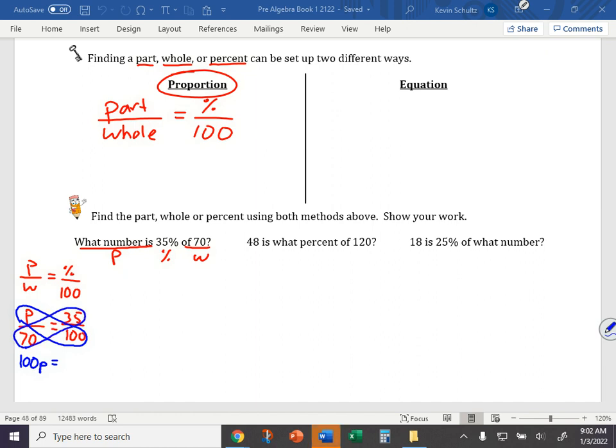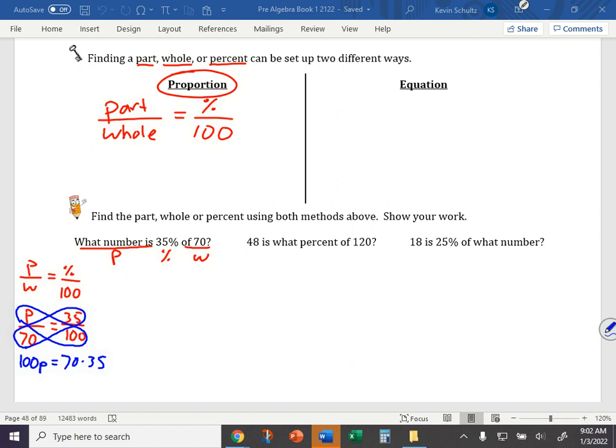If you haven't done cross products before, and this is your first experience, welcome. They're great. It's awesome. You can use them to solve any proportion, right? Which a proportion is simply two fractions that are equal to each other. So 70 times 35 gives us what? You've got your calculator out and ready to go. You can use a calculator on this part of the test.